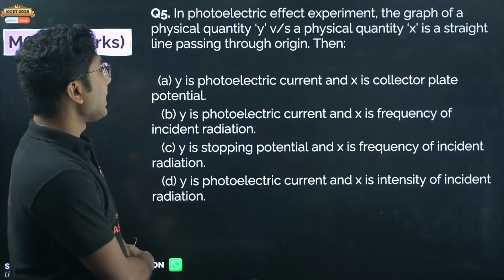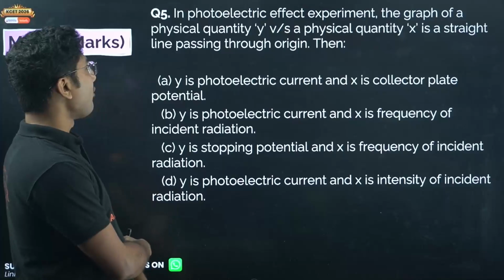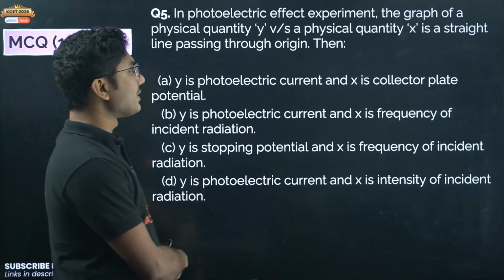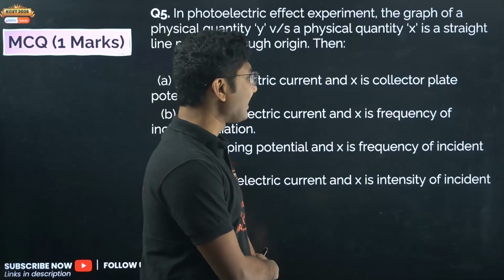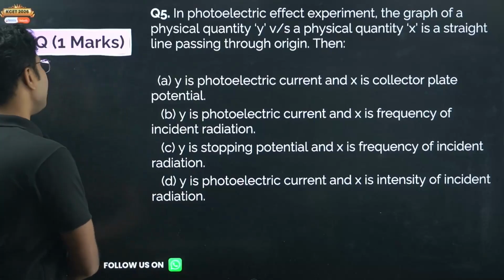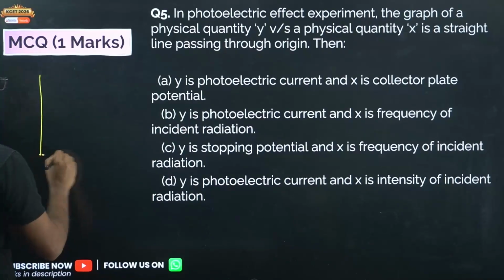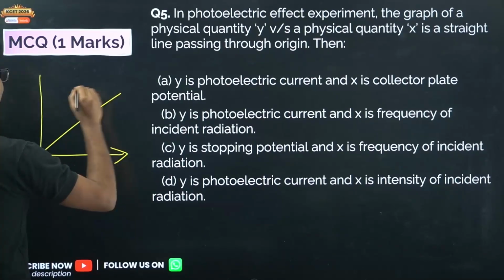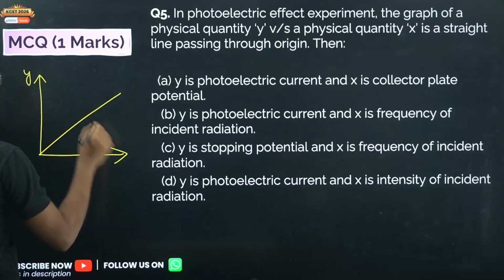In the photoelectric effect experiment, the graph of a physical quantity y versus a physical quantity x is a straight line passing through the origin. So in the photoelectric effect, this is the graph they are talking about, y versus x.